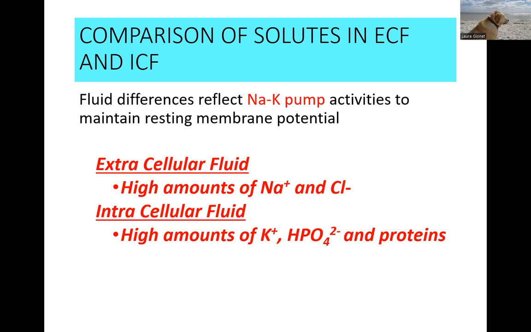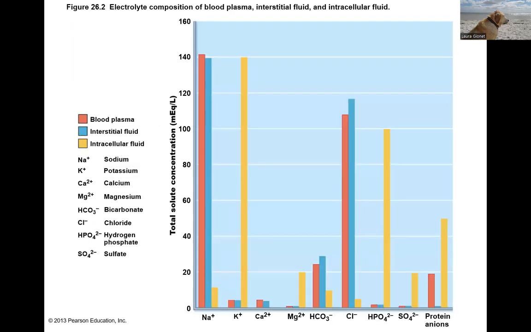So in extracellular fluid, we find high levels of sodium chloride. Inside the cell, we find potassium phosphate ions, because that's going to be a good buffer in there, and proteins, because a protein buffer is significant in the cell.